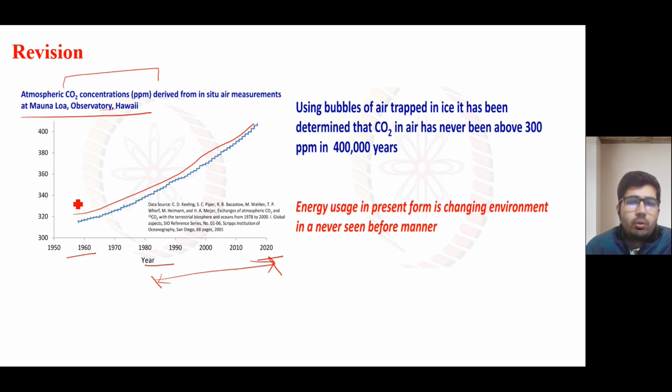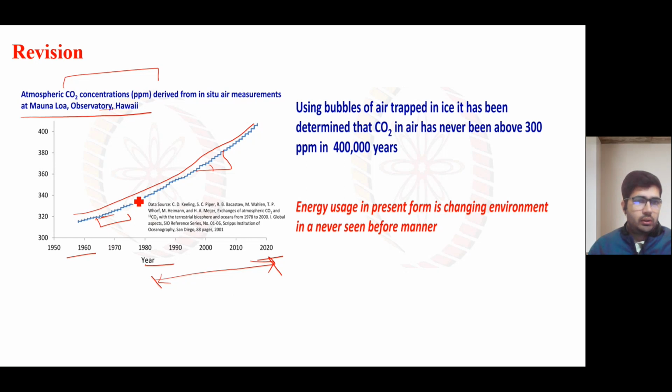Compared to this area, the slope for this area is more. So from the last 30-40 years, due to the industrial revolution and the greater use of energy, the atmospheric CO2 concentration is increasing very high.